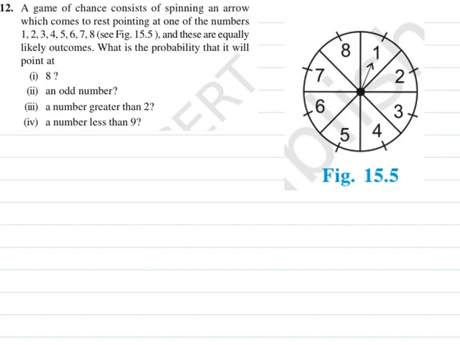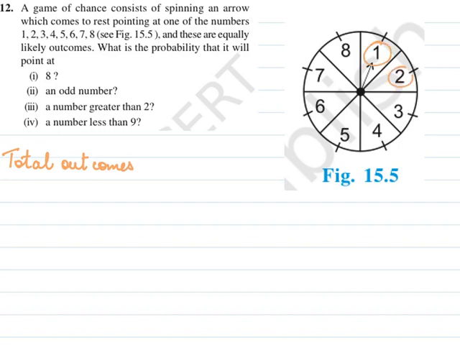A game of chance consists of spinning an arrow which comes to rest pointing at one of the numbers 1, 2, 3, 4, 5, 6, 7 and 8 as seen in the figure, and these are equally likely outcomes. What is the probability that it will point at? First, in this we see total outcomes. We always have to start by writing total outcomes.